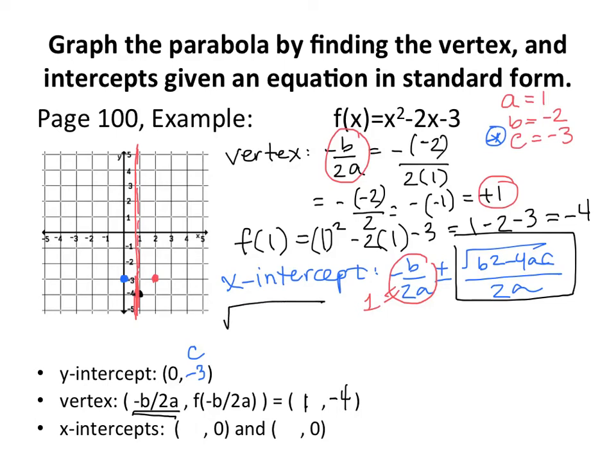My square root of b squared is -2 squared minus 4 times 1 times -3, all over 2 times 1.